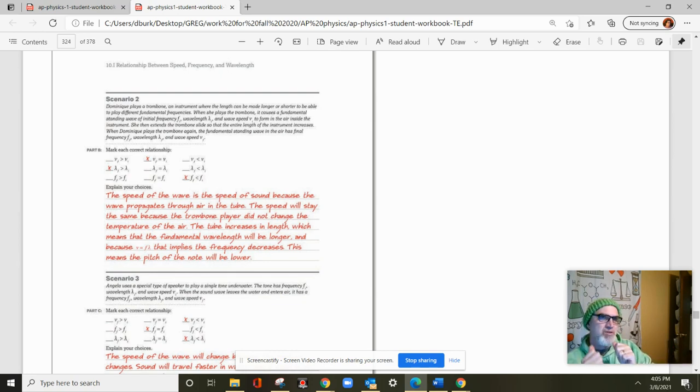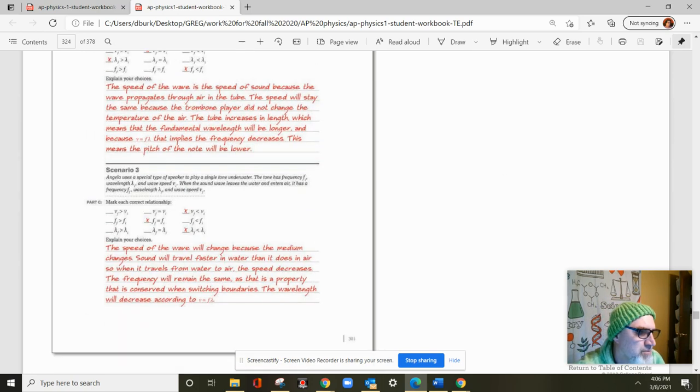So as the trombone gets longer, it's got a longer wavelength because the wavelength is related to the length of whatever is making the sound. So a bigger wavelength means a smaller frequency, a lower frequency. That's what I remember about trombones.